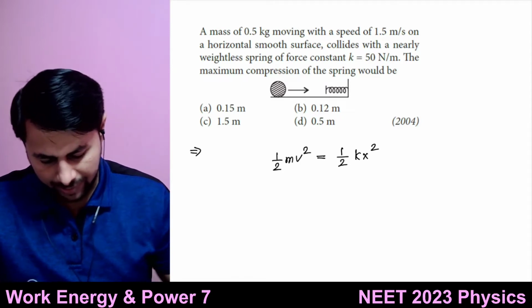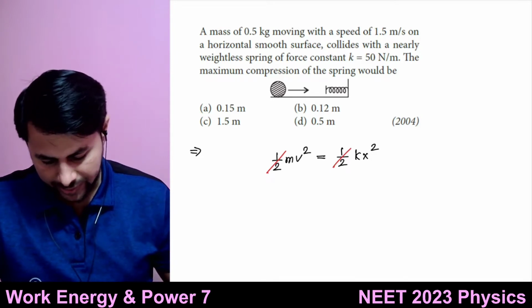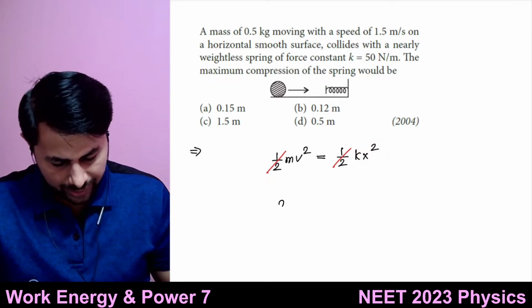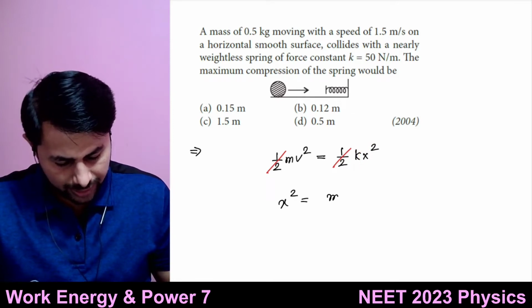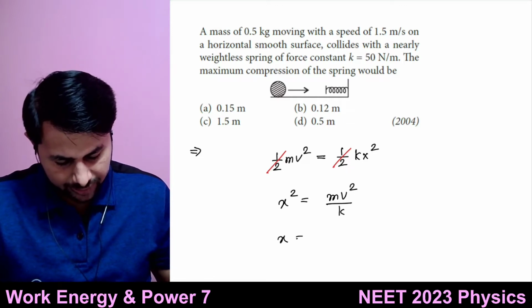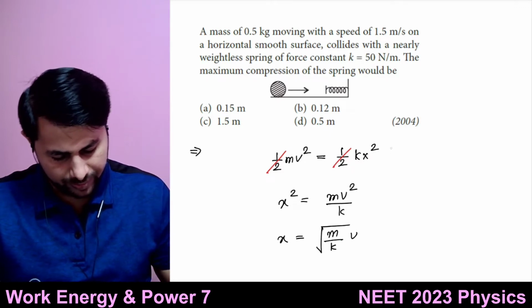So half and half get cancelled, and you want to find out the maximum compression. So x is what you have to find out. So x square equals mv square divided by k, and that means x is equal to the square root of m upon k, multiplied by v.